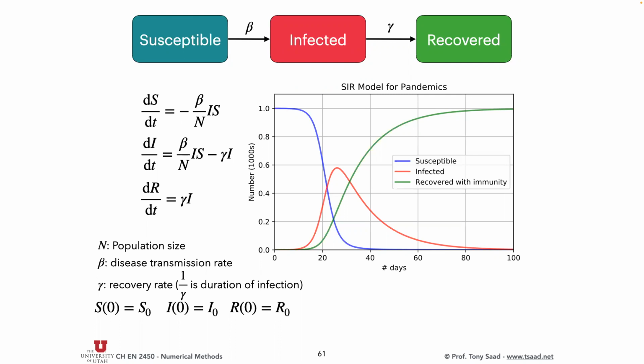This is one set of results with some parameters for beta and gamma that I fixed and chose randomly. You start initially, and this is the fraction of the population, with 99.99% of the population not infected. That's shown in blue.